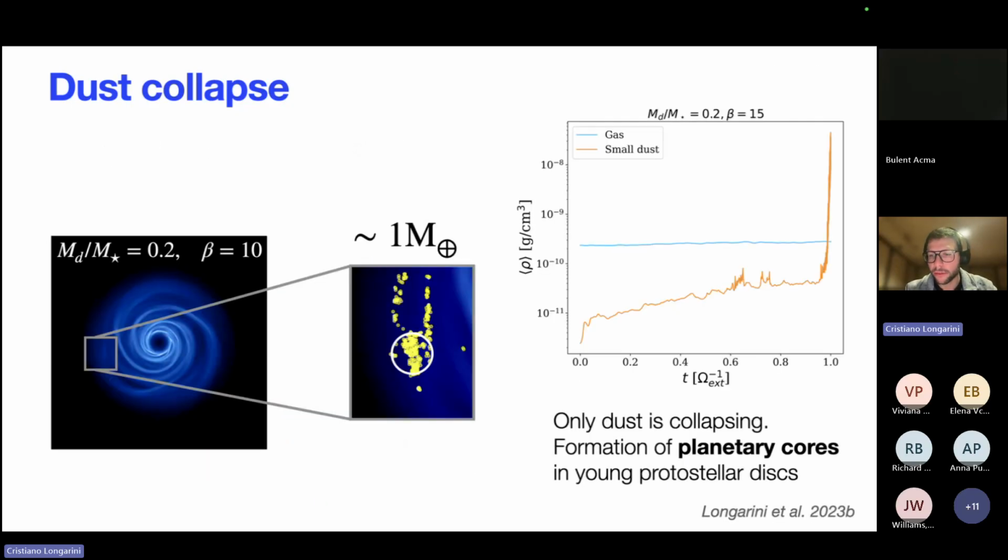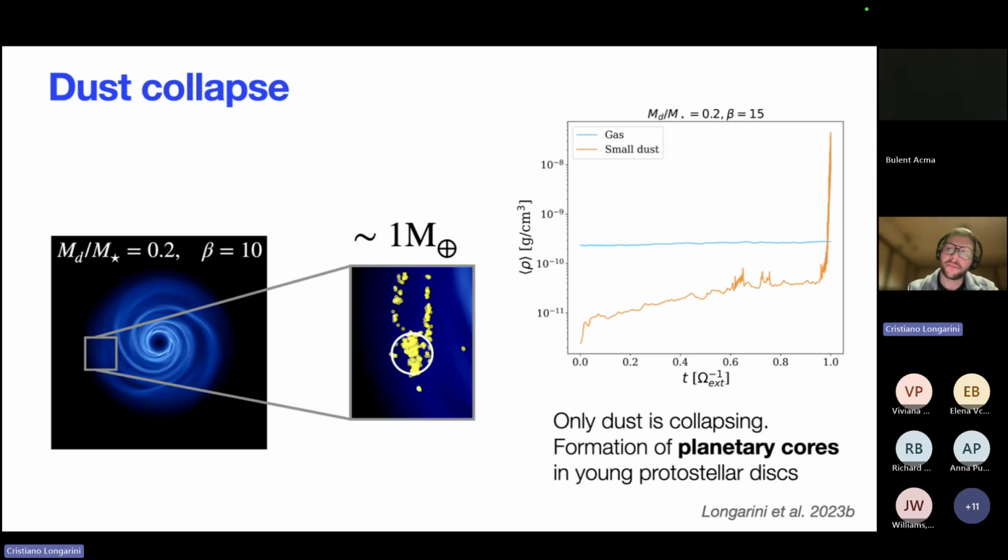So what we did also back in 2023 was to run a simulation with a fixed grain size rather than a fixed Stokes number, to see whether we could observe the collapse directly in the simulation. And we did it for a couple of cases. And here you can see that we can create this clump of dust particles with a mass of the order of 1 Earth mass.